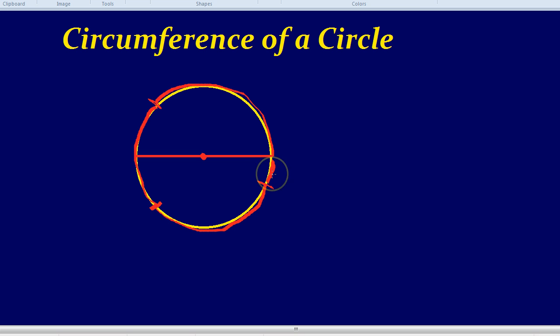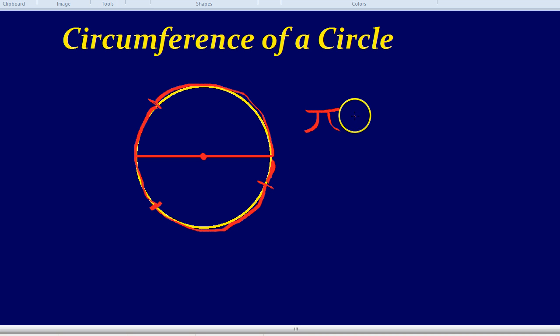And what mathematicians did is they invented a symbol for the number of times that a diameter fits around the edge of a circle. That symbol is quite famous, and it's called pi, named after the Greek letter P, and many different Greek letters are used in mathematics.